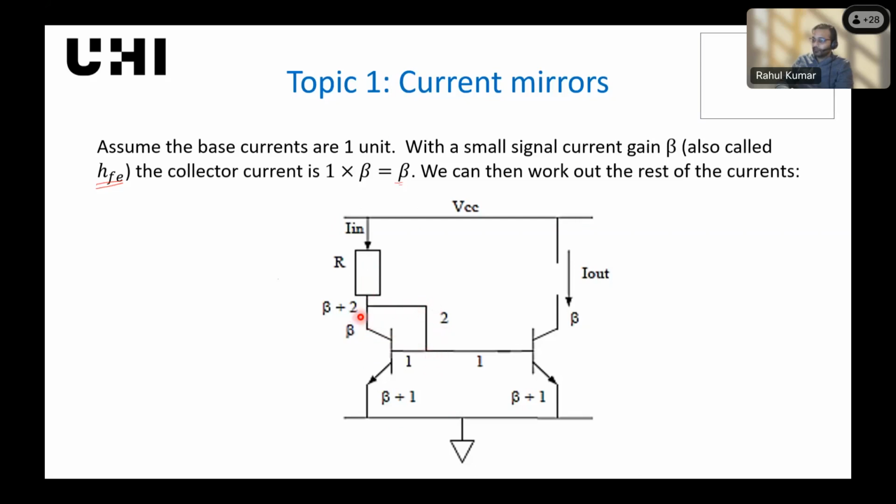All the current will go directly to the base. So the only other voltage which you will have is between base and the emitter. So VCC minus base emitter voltage divided by the resistance R. So that will give us the input current.